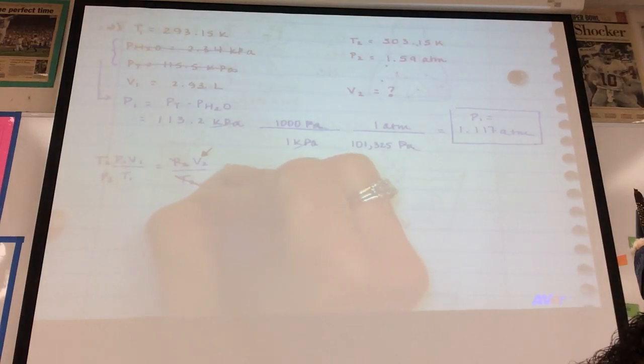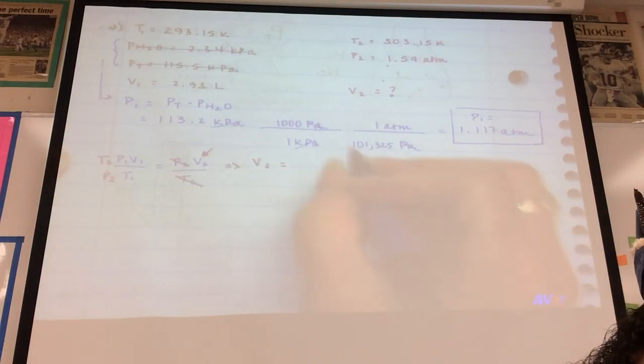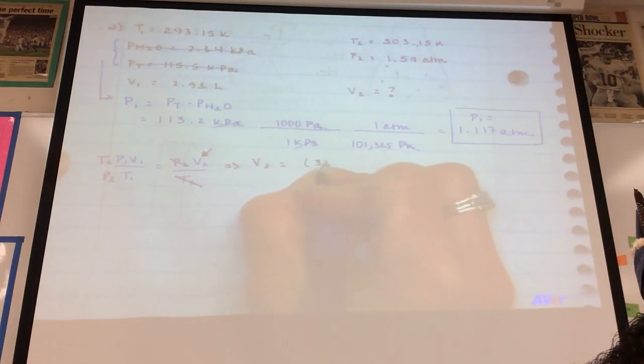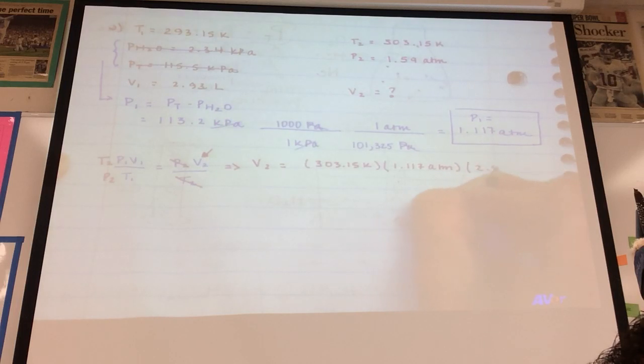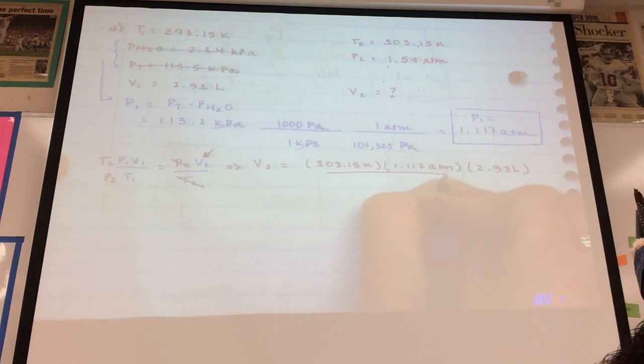A few of you need a little more practice and you'll get there as well. Once you have it set, there's nothing different here from what we did the other day. Make sure you use the correct P1. You did all that work to get it.